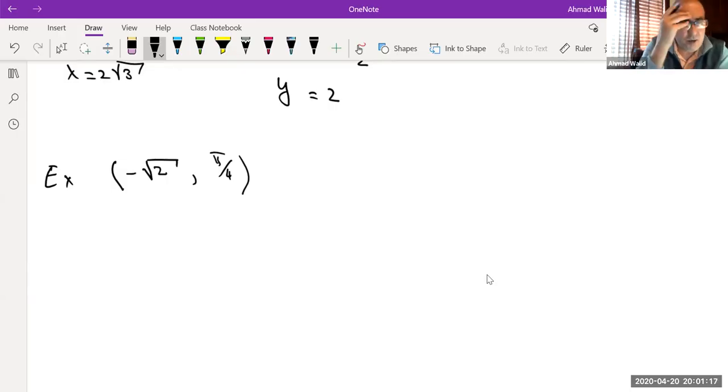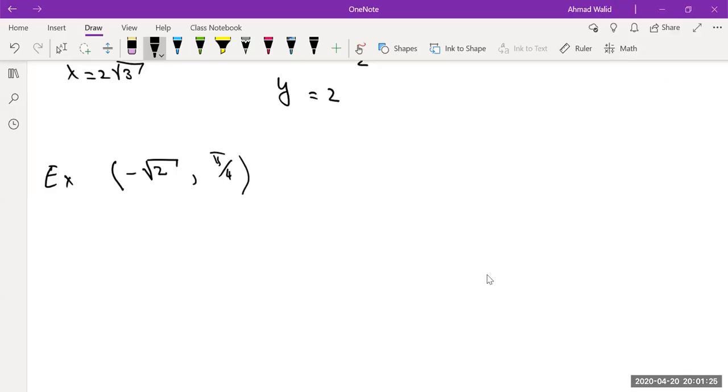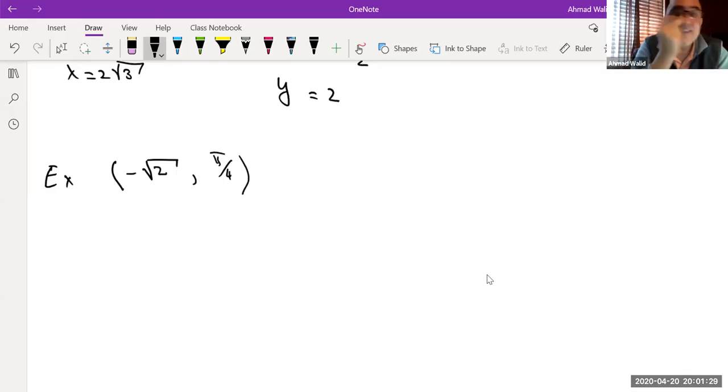If I ask you even before drawing, which quadrant are you in now? You're in the second. You are in the second in Cartesian, but in polar, you cannot say which quadrant you are in because you will draw this way, okay?